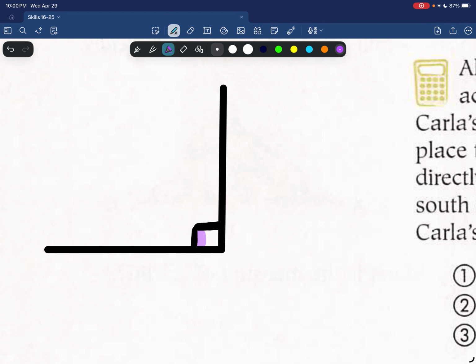The things attached to that angle are called the legs of the triangle. So this is a leg, and this is a leg. They're the legs of the right triangle.